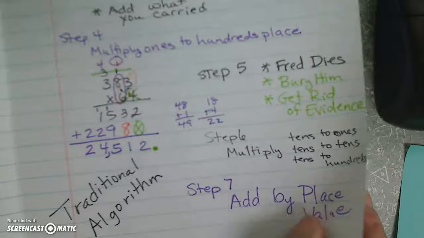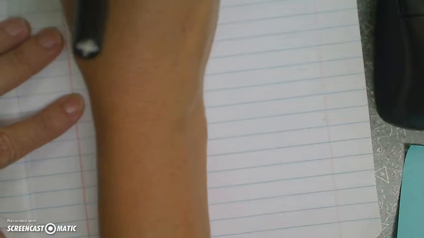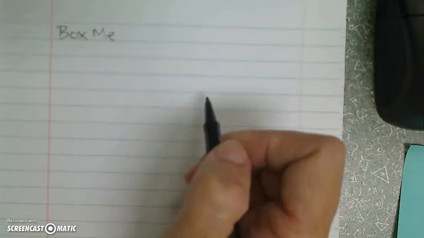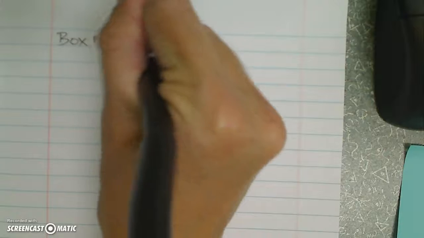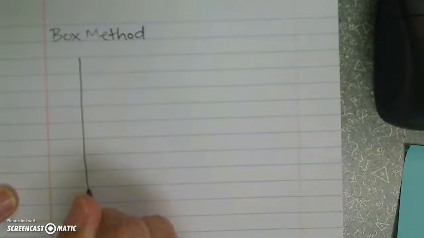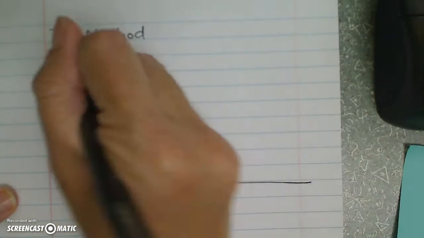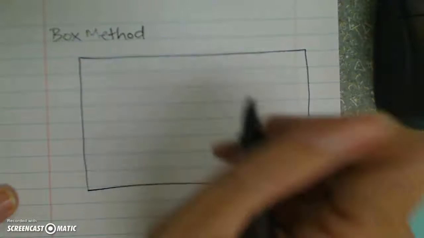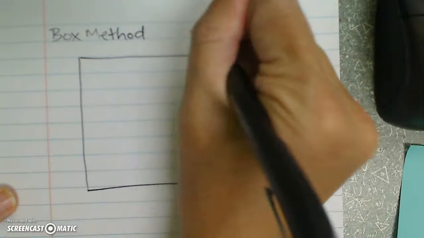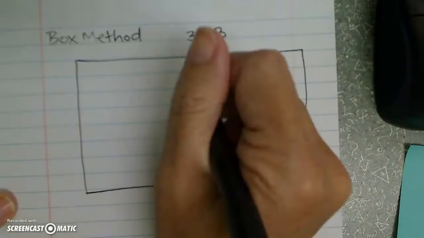All right, so let's take the same problem and we're going to do it a different way. We're going to do the box method. Okay, so it's going to look like an array. Okay, so I'm going to draw my box, and I have 383 at the top, so I'm going to break that up.